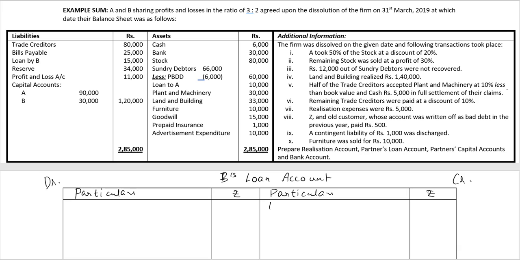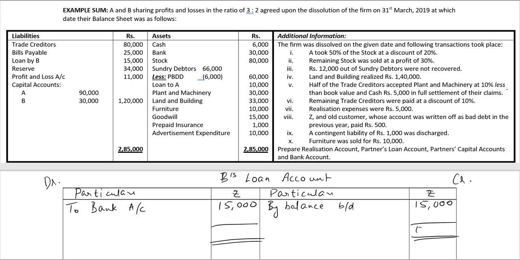We'll bring down the balance of B's loan account from the liability side of the balance sheet by balance brought down 15,000 rupees, and the firm pays off the partner's loan to bank account 15,000 rupees. The account balances. There is nothing left to be paid on account of B's loan. So this is B's loan account.